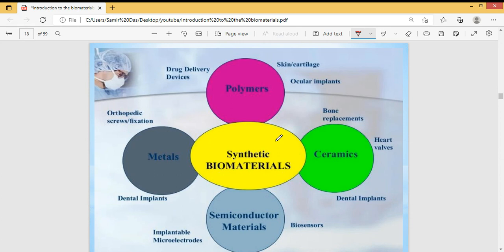If I map our biomaterials into a pie chart form, synthetic biomaterials can be categorized into mostly three parts: metal, polymer, ceramic, as well as some semiconductor or silicon based material.